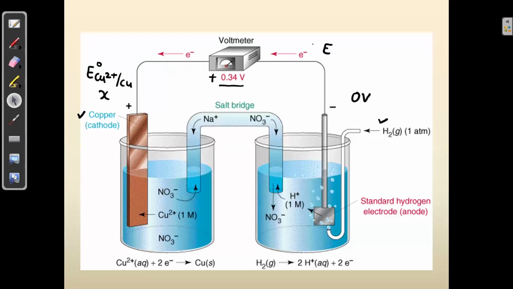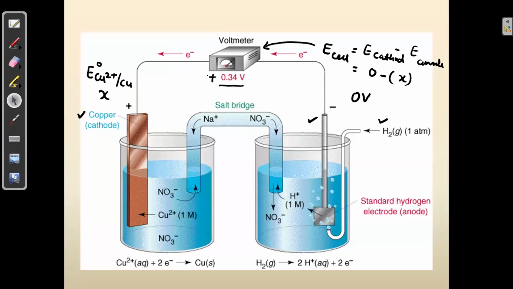So this is nothing but the E cell. E cell of this entire setup is equal to E cathode, that is the potential at the right hand side, minus the potential on the anode. So anode has a potential of 0, and the cathode is the value of my copper, that is X. This I will get.